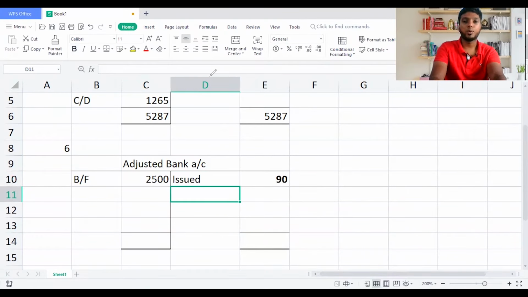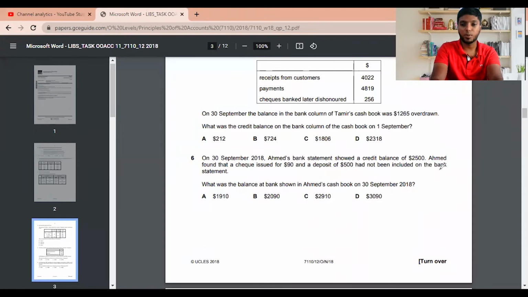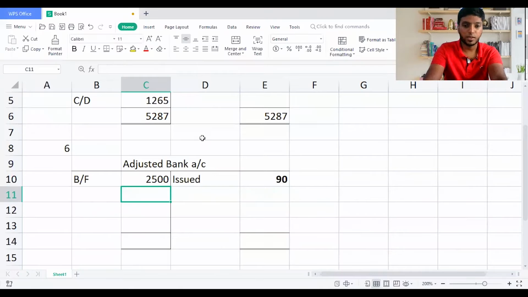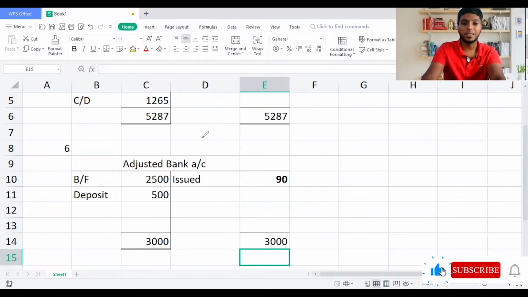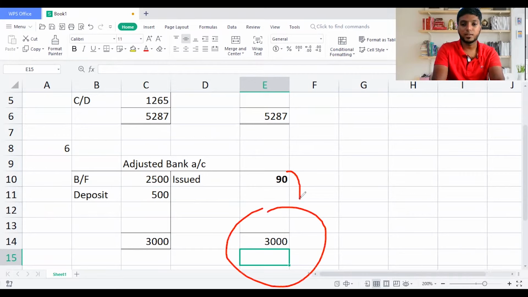You don't have to show this working, you can just find out the answer. A deposit of 500 had not been included in the bank statement. So the deposit is here, 500. I'll write here deposit. So I can take the total. The debit side is greater, so I'll write here 3,000. On the credit side 3,000, and when I deduct 90 from this 3,000, I will get a value of how much, guys?